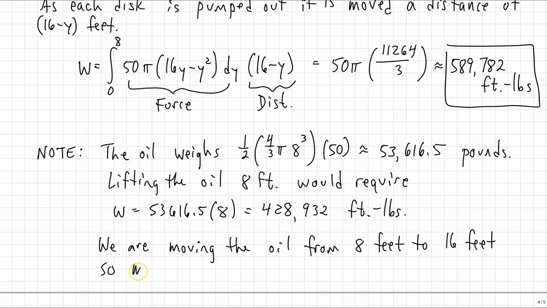So more work is done in that case. If we were just going to grab this oil from the bottom of the tank and lift it up 8 feet, we would only need just under 429,000 foot-pounds. But since we're going from 8 feet up and out the top, which is 16 feet above the ground, but from the bottom of the tank, we need quite a bit more work. It's almost 590,000 foot-pounds.